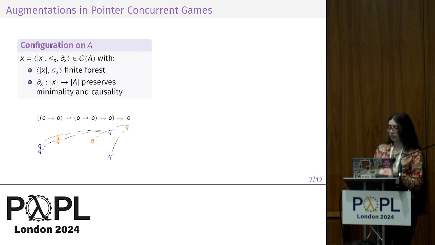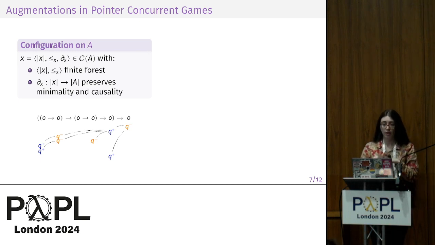So first I need to define configurations, which are essentially just the states of what is happening during the game, but without any temporal information. So this is just a tree, actually. It's not read from top to bottom or anything. You just have a tree, and still each move is placed under its corresponding arena component.